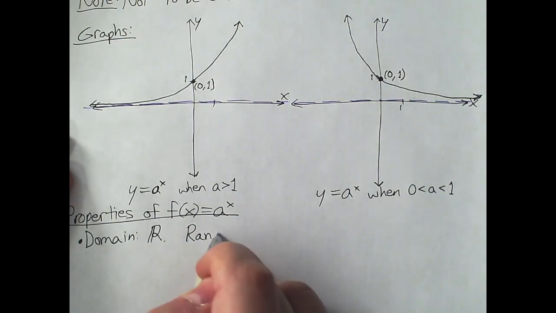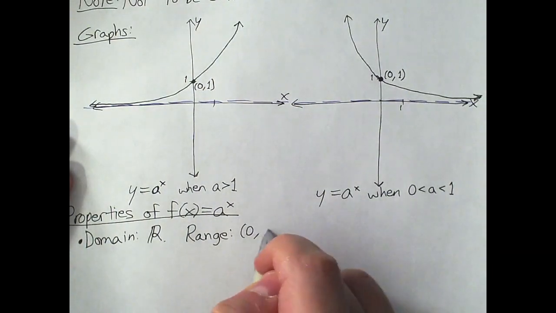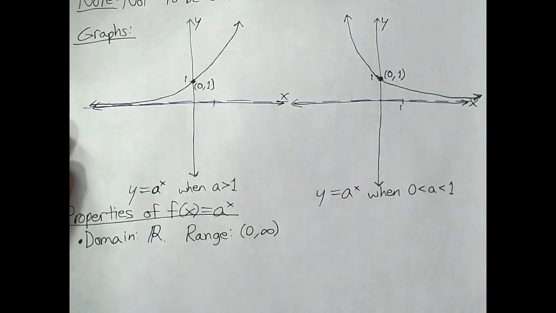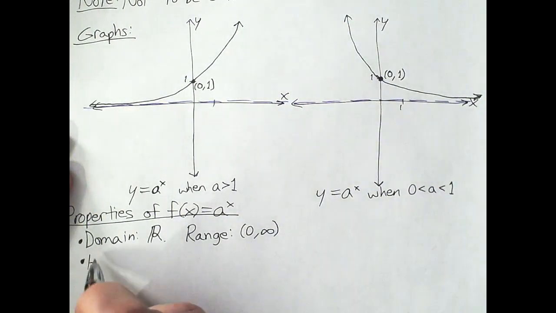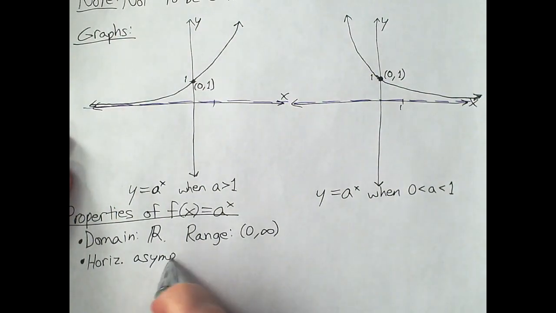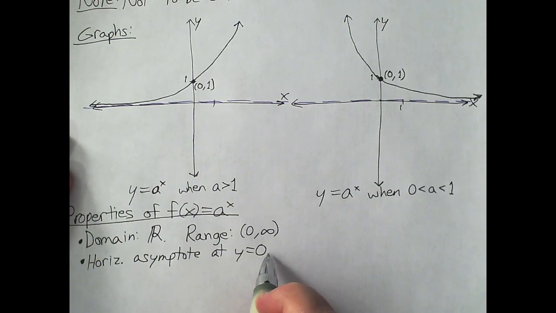The range, you can tell from the pictures above, is 0 to infinity, right? We have everything above the x-axis. Y values are above 0. They both have a horizontal asymptote, as I mentioned, at y equals 0.